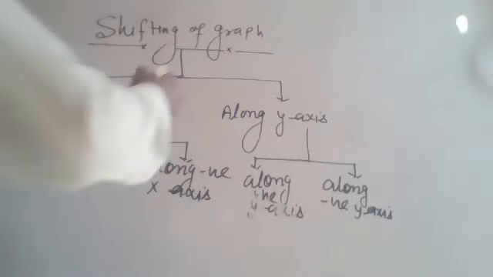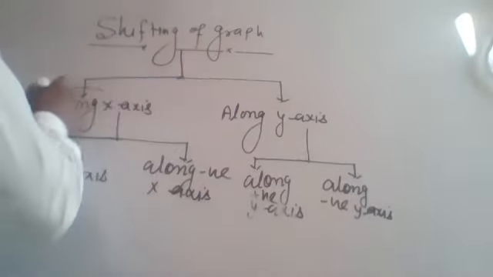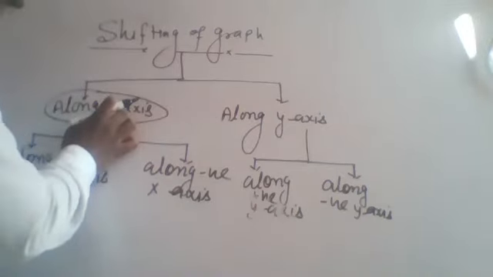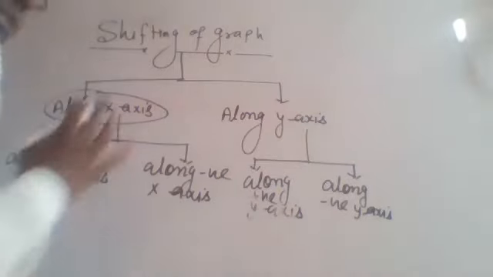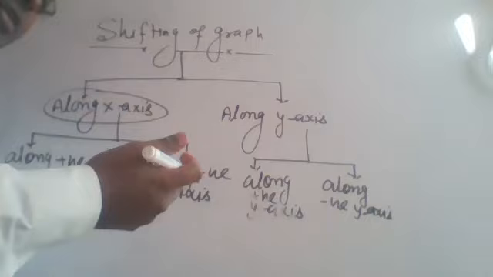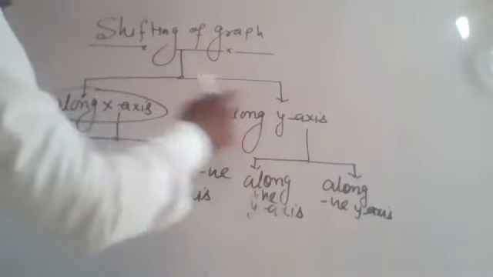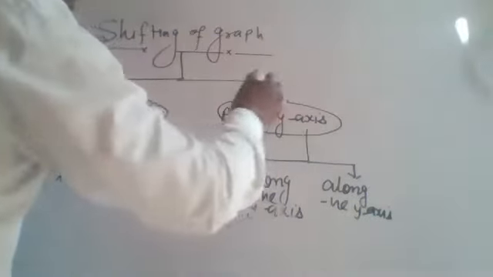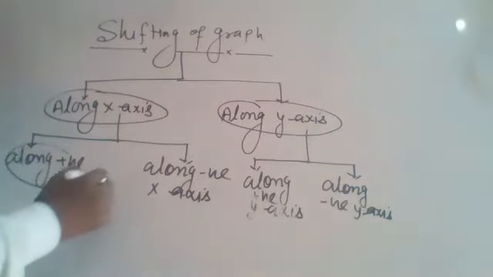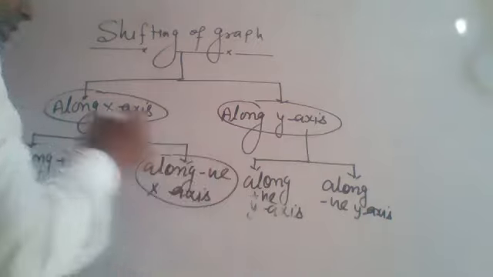As we know very well, shifting of any graph will occur either along the x-axis or along the y-axis. There are two axes in the coordinate system. Then the graph will be shifted either along the x-axis or along the y-axis. And you know very well that in the x-axis there are two sides, positive x-axis and negative x-axis.